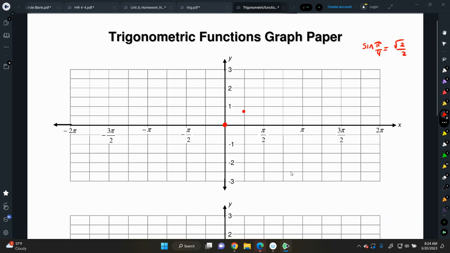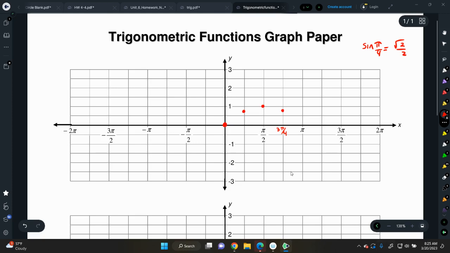When x equals pi over 2, what does the sine of pi over 2 equal? 1. When x equals 3 pi over 4, sorry about that, what does sine equal? Square root of 2 over 2, which is 0.71.